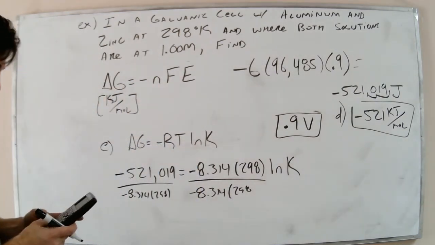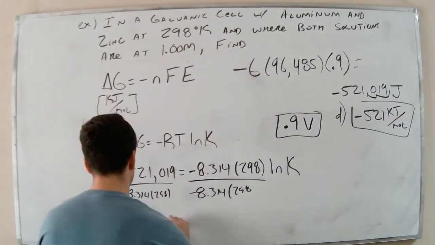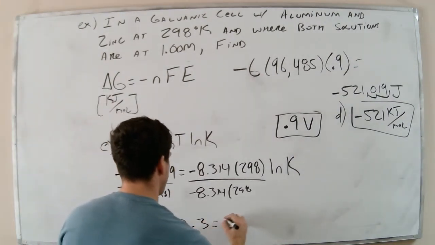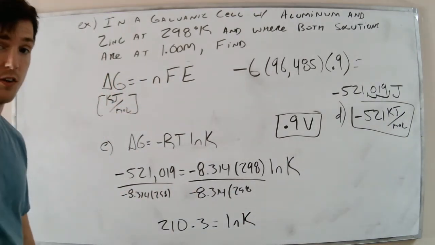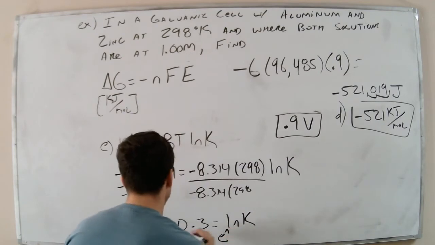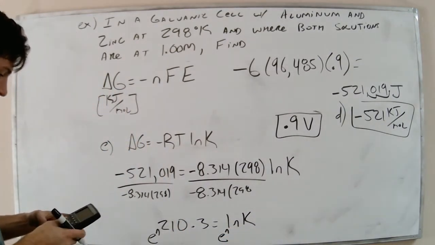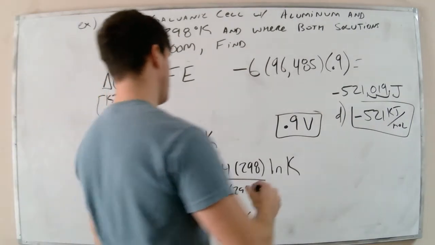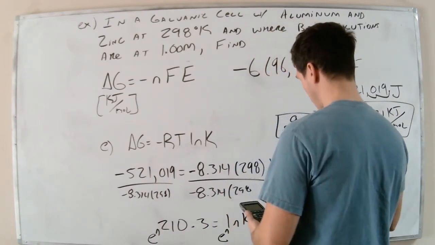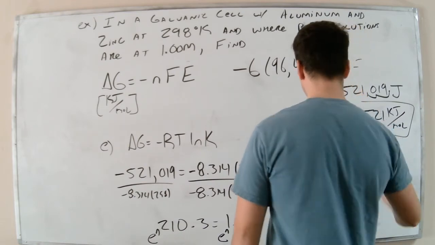So I'll plug that into my calculator, and you will get 210.3 equals ln K. Well, the inverse of the natural log is e to the, so we'll do e to the 210. And you should get an equilibrium constant of 1.59 times 10 to the 91.